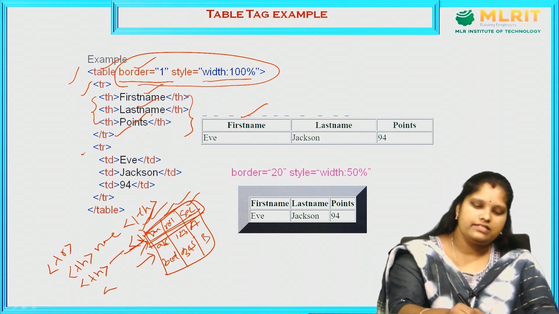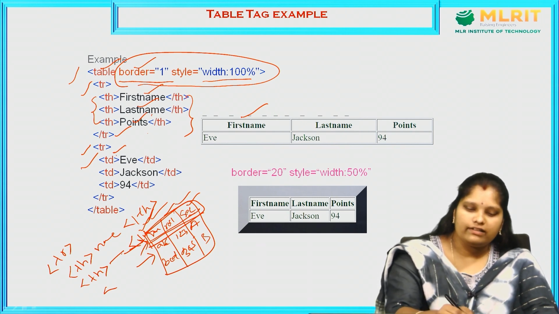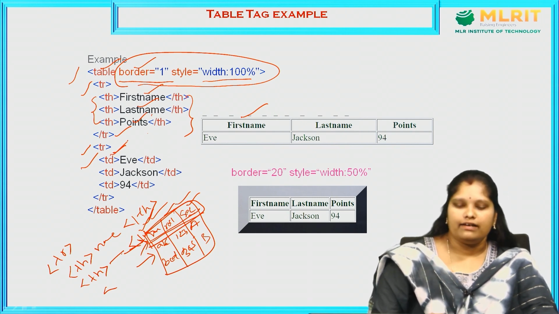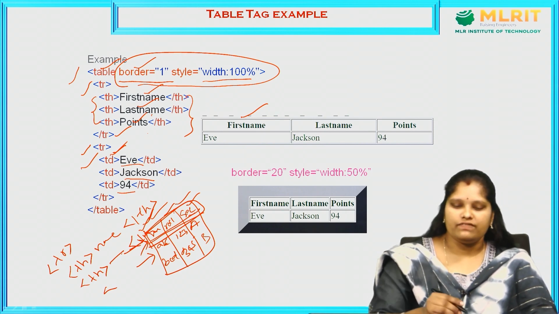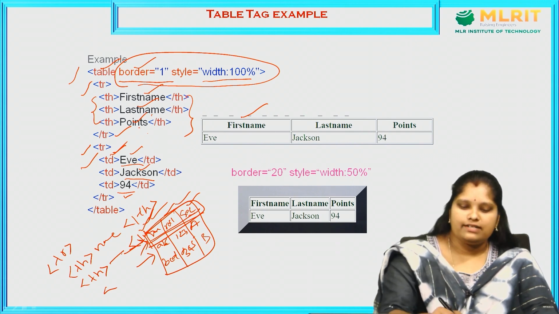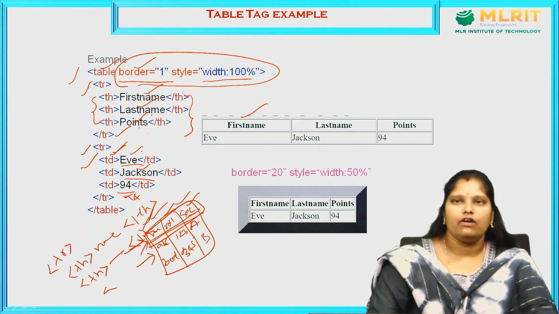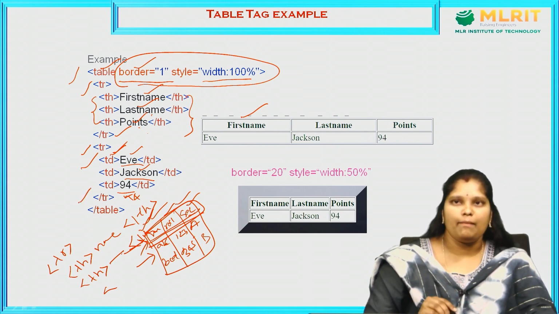So again start the tr, next we need to insert the td, data for the headings, right? For that we need to use the td tag, right? Eve Jackson 94 are the points. First name is Eve, second name is Jackson, and third column is points, right? 94 points. Got 94 points, right? And second row is completed, right?